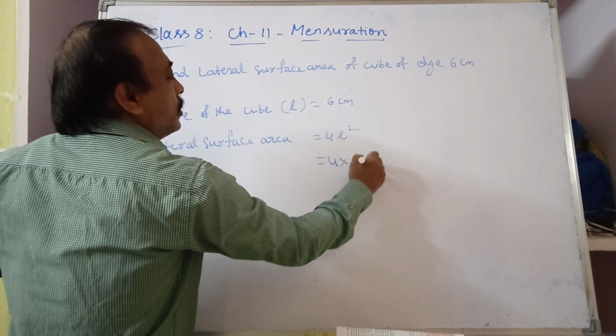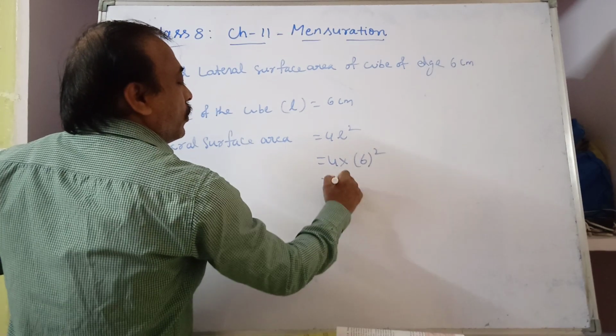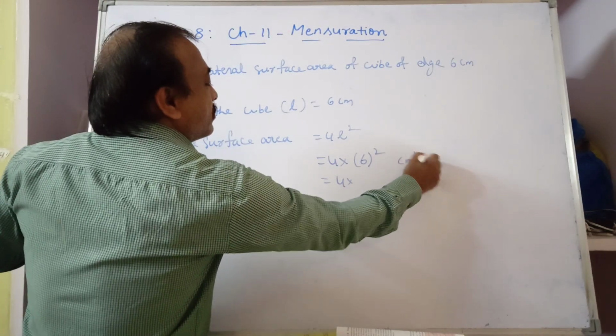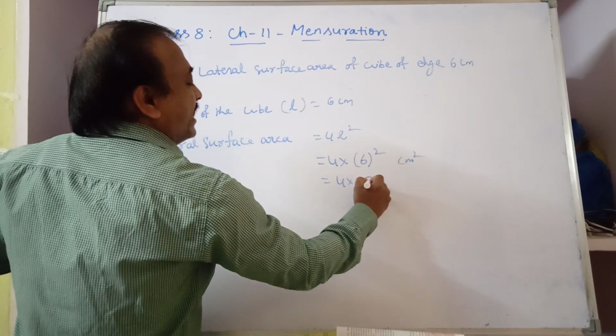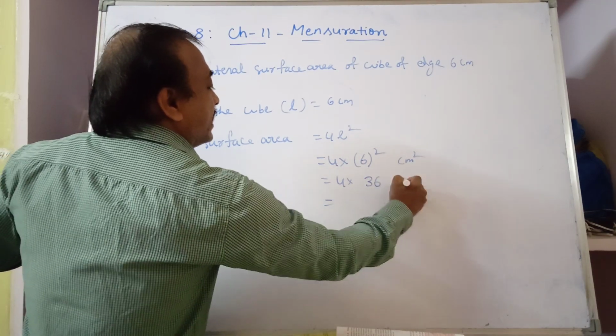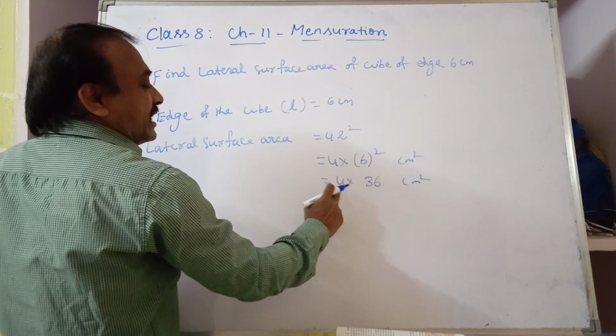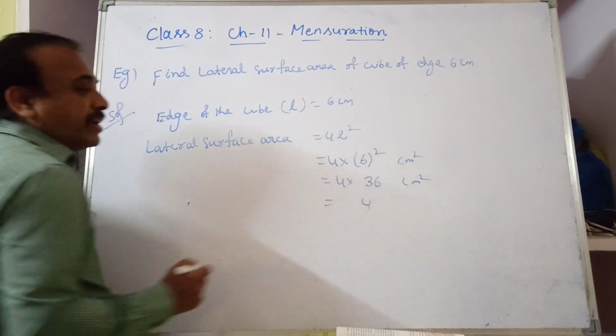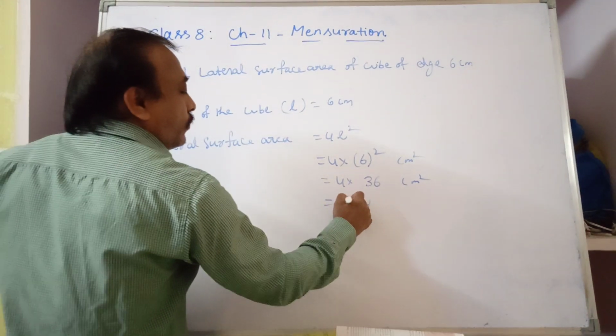4 into 6 square, this is centimeter square. 4 into 6 square is 36 centimeter square. 4 into 36. 4 sixes are 24. 4 threes are 12 plus 2, 14.